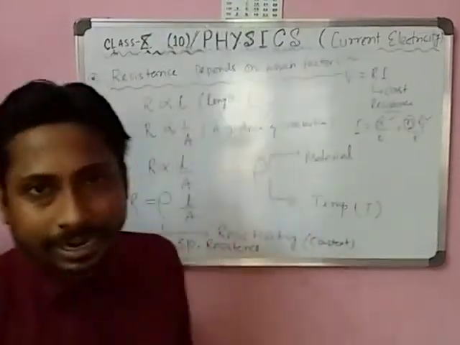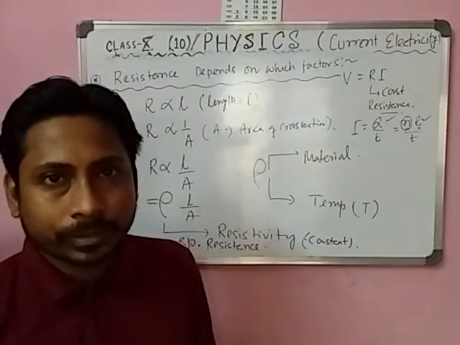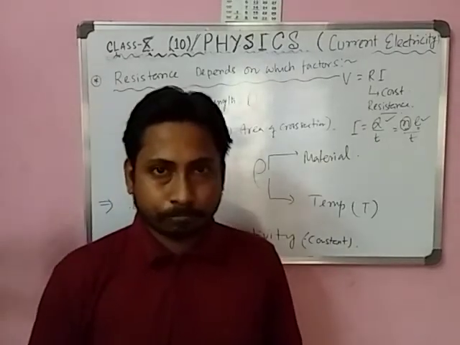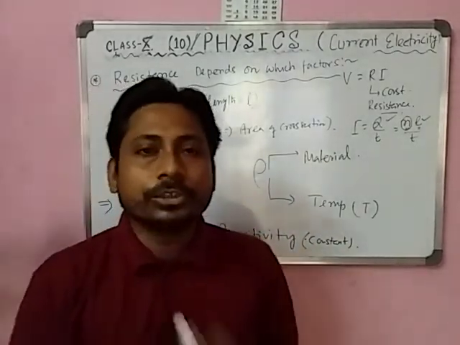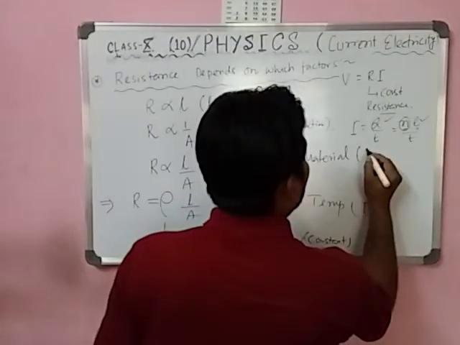If it is a good conductor, meaning a metal like copper or aluminium, the connecting wire, it gives you low resistance, meaning low resistivity.